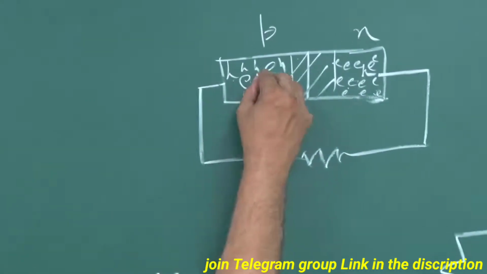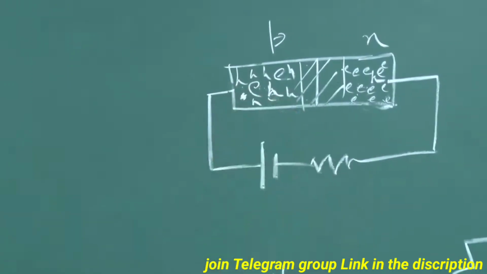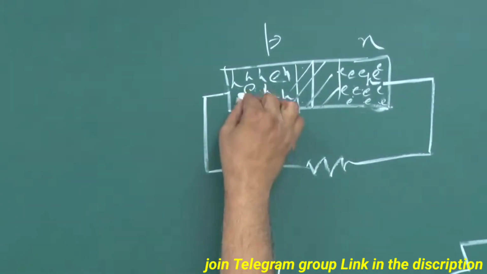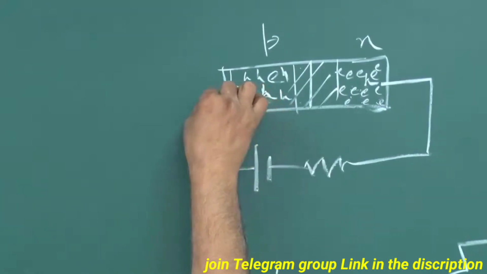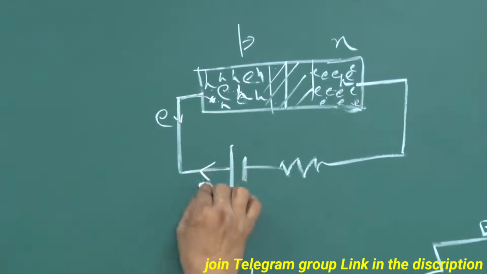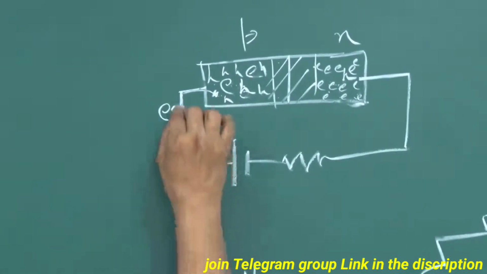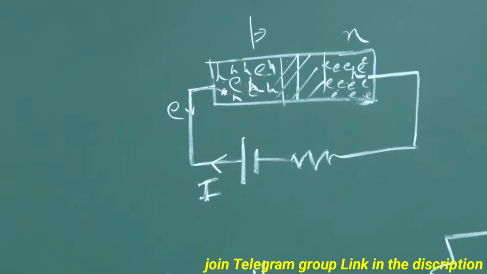And that happens, some electron hole pair will be broken here, and then that extra electron will flow through this, and therefore that will contribute to this current I, which is going here. Okay?